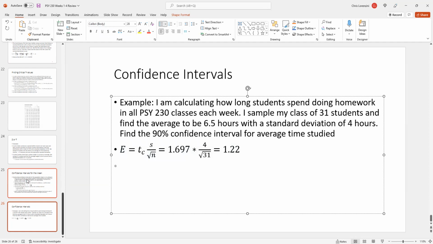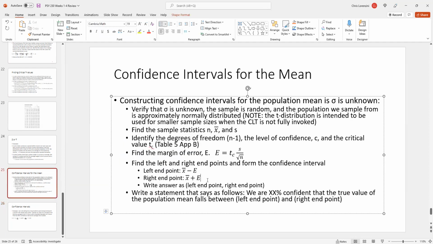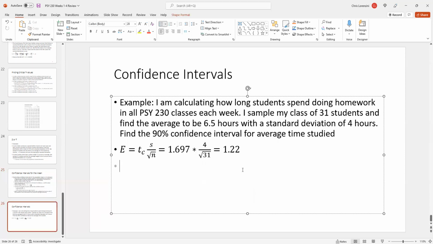All right, once I have my margin of error, I can find my left endpoint and my right endpoint by taking the mean, subtracting E, taking the mean, adding E. So I'm going to take the mean. My sample mean was 6.5. I'm going to subtract 1.22. My sample mean 6.5, I'm going to add 1.22.